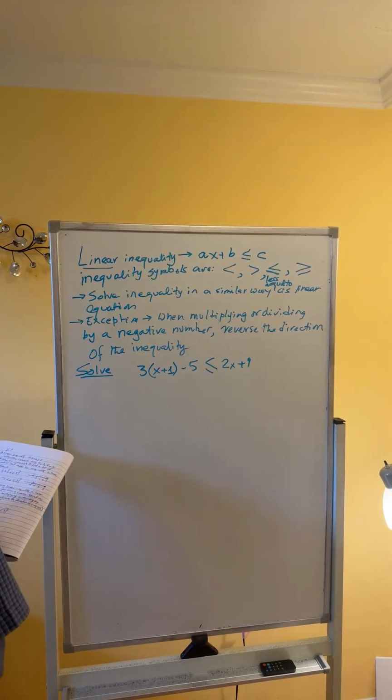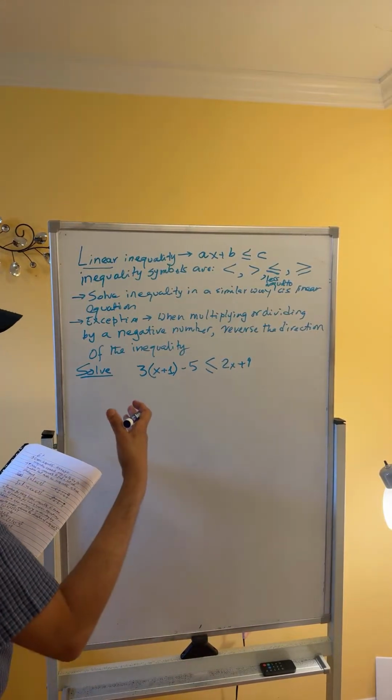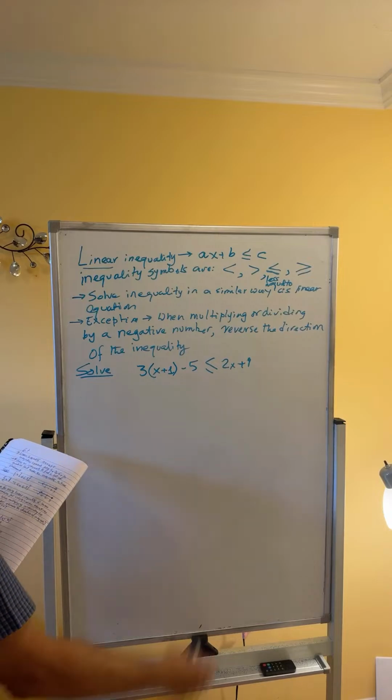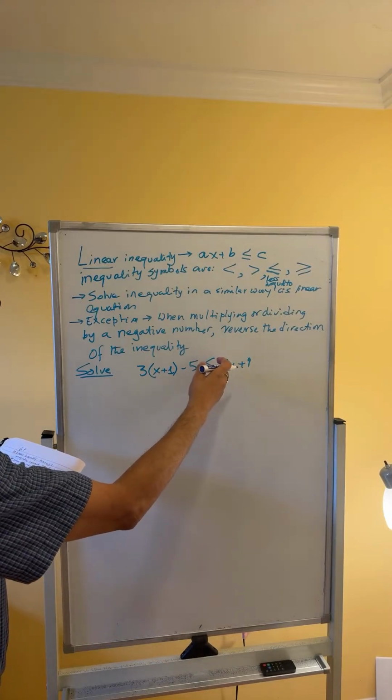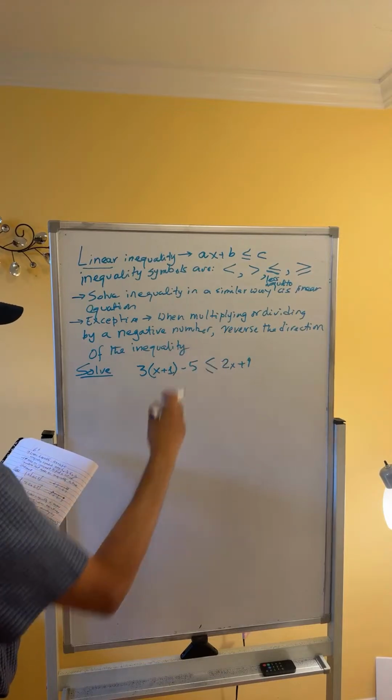We will use the same idea as we used to solve a linear equation, except there is an inequality sign here. Why inequality? Because it can be less than or equal to.